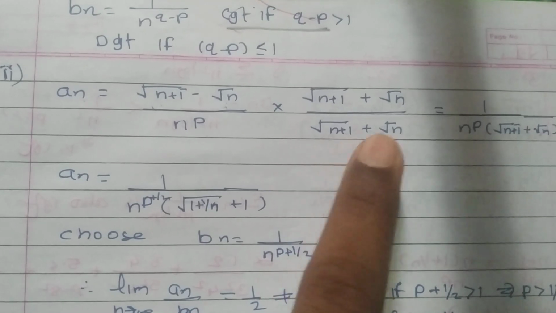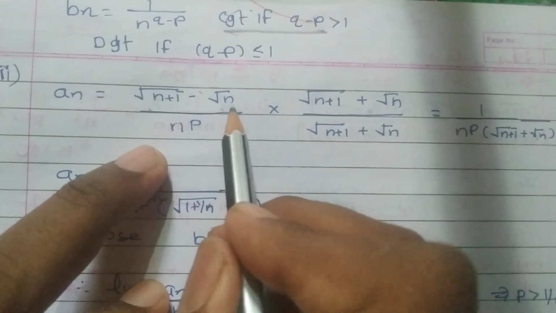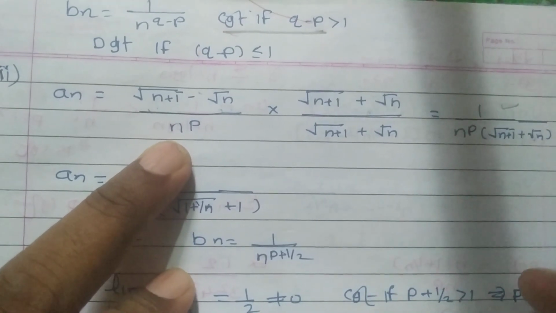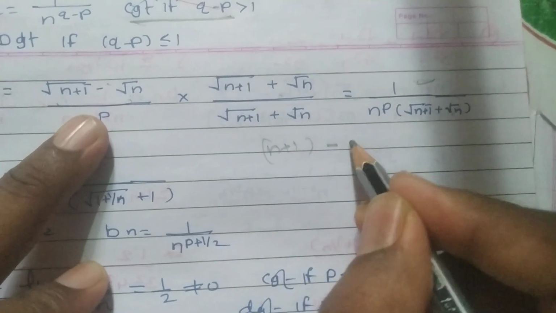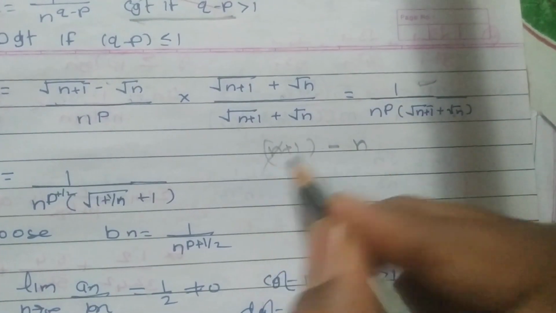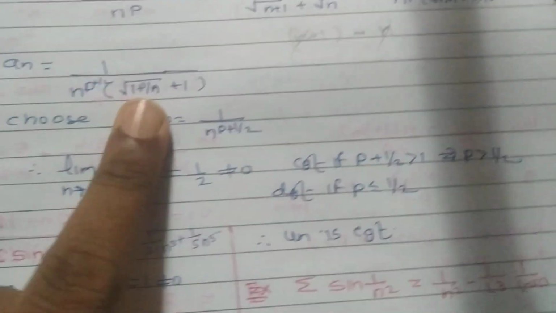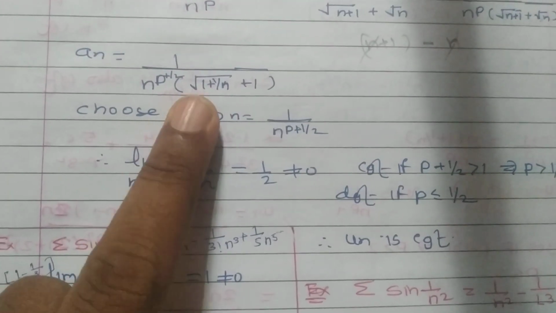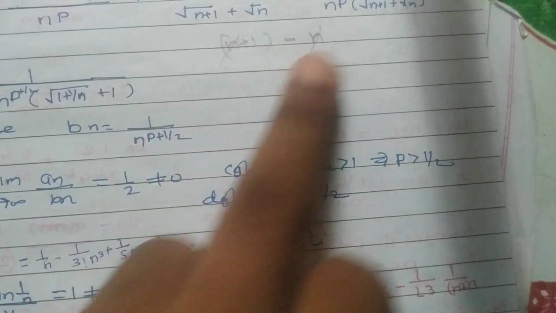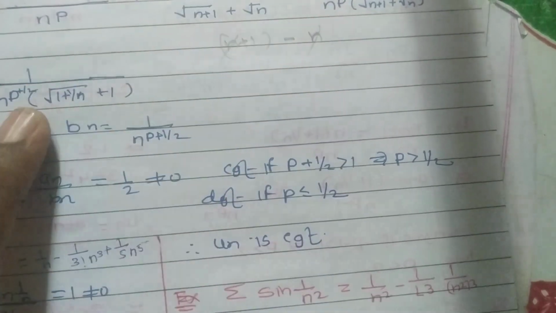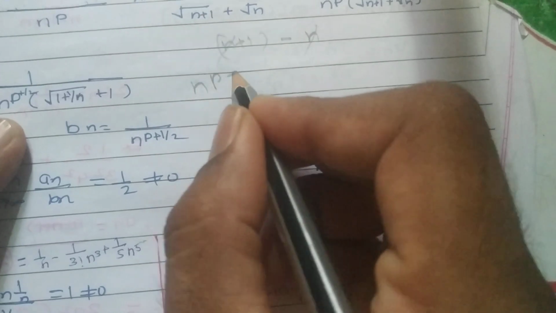Then the numerator becomes (n plus 1) minus n, which is 1. Then taking n outside, we get n raised to p plus 1/2.